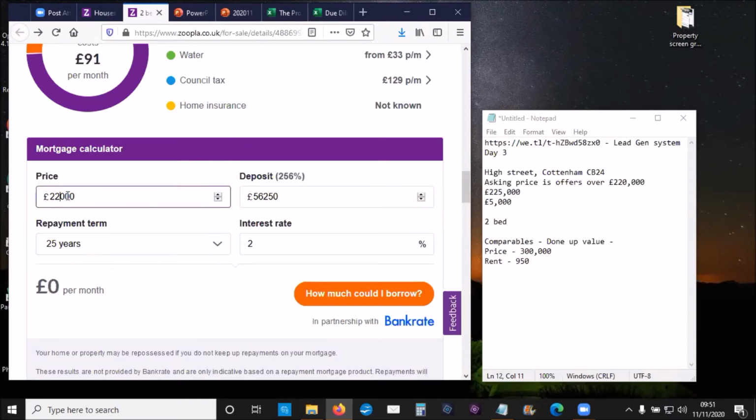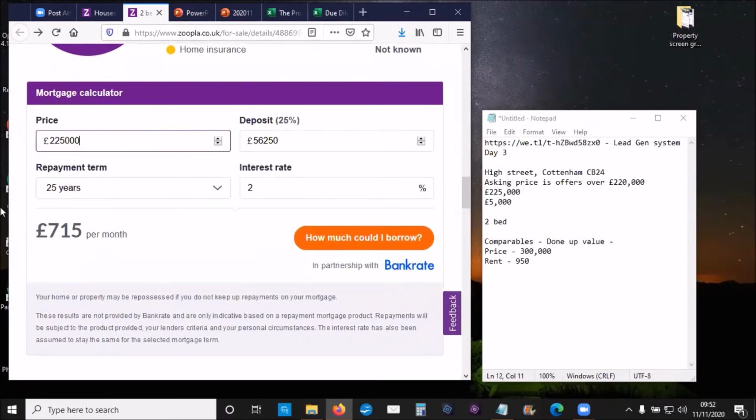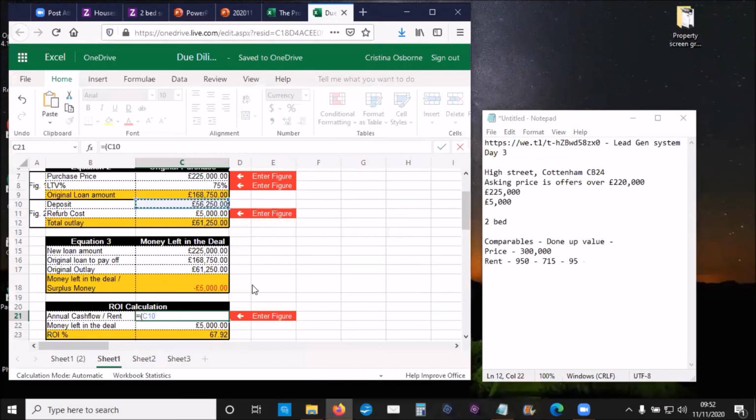Purchase price was 225,000. Interest rate, that's fine. Okay, 715 per month. A lot less, maybe something like a 10% monthly expense figure.